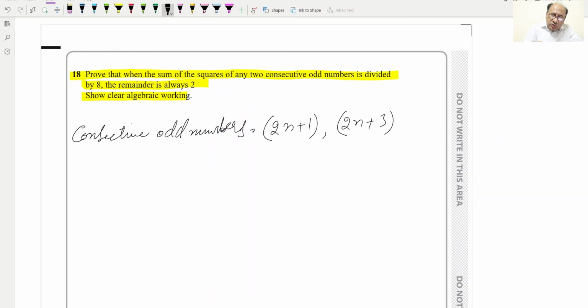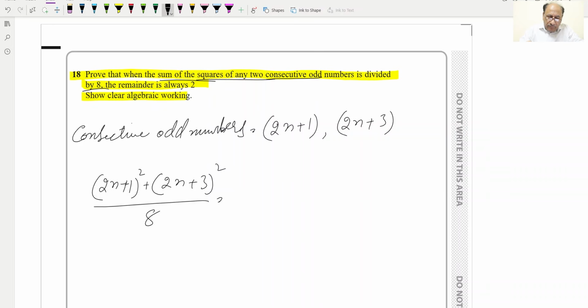Now they are saying the square of two consecutive odd numbers. So the square will be (2n plus 1) squared, and this is the sum of squares, so plus (2n plus 3) squared, and divided by 8. If we open the bracket square, it will be 4n squared plus 1. I'm opening the square of the first one, so it will be 4n squared plus 1 plus 2 into 2 will be 4, so it will be 4n.